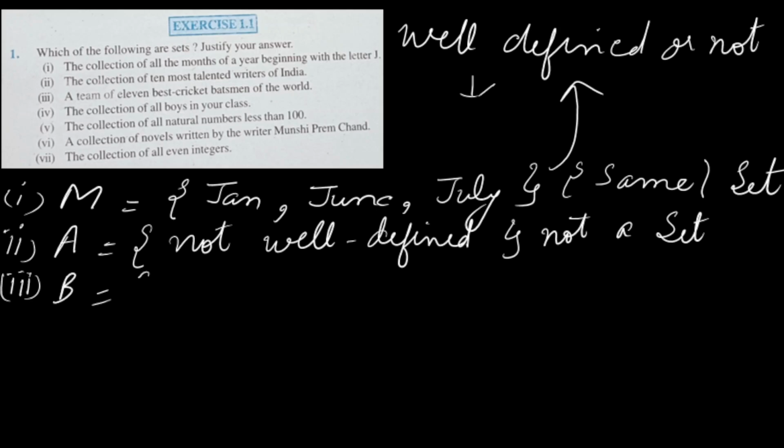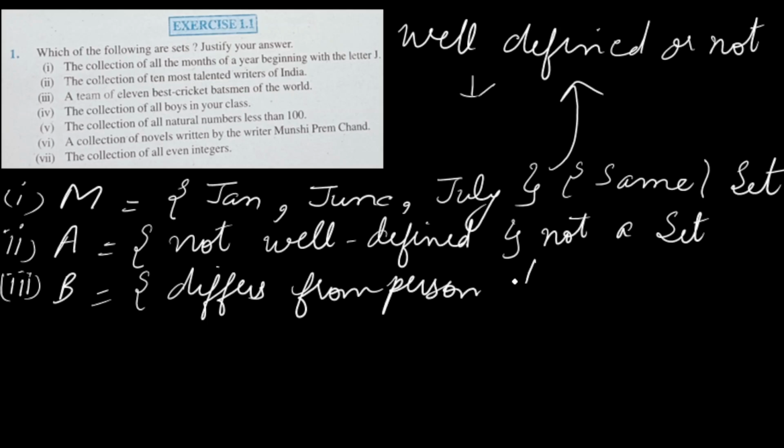This collection also, again we are talking about the best cricket batsmen. It's not fixed. It differs from person to person. That means again this collection is not well defined, which means it is not a set. So third one is also not a set.